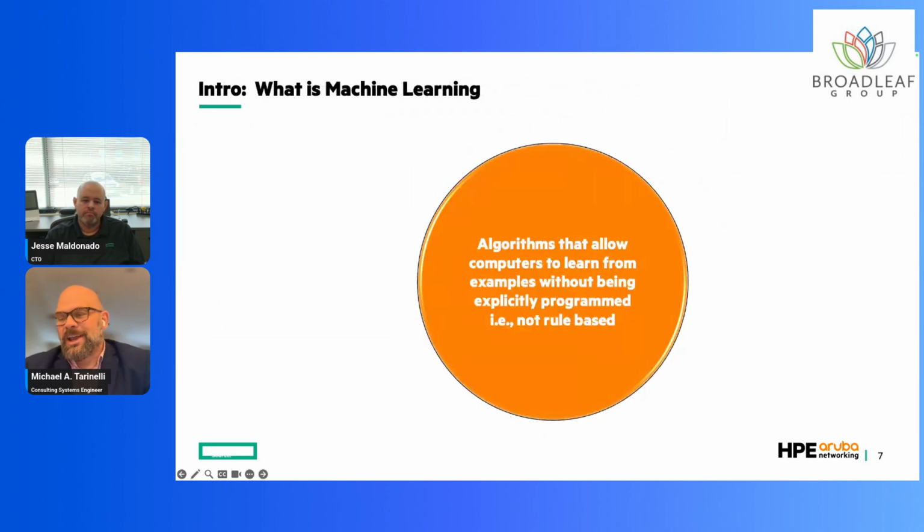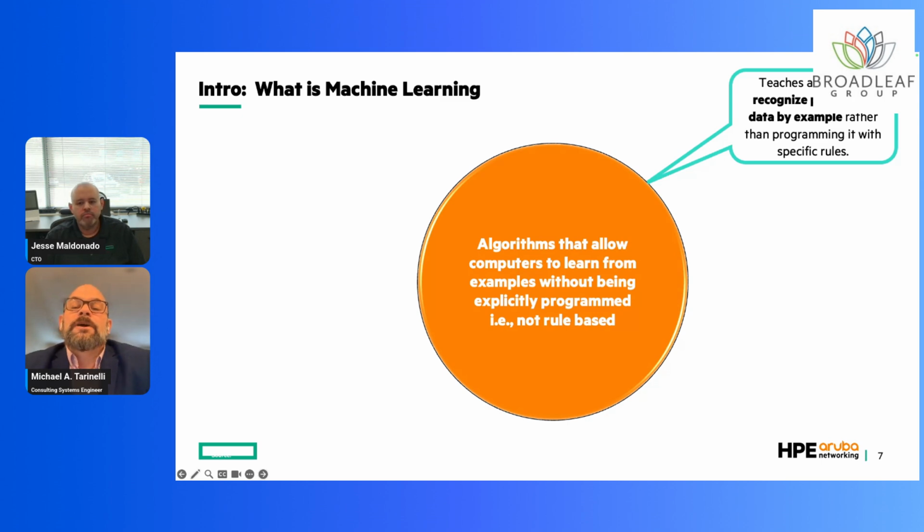So here's machine learning, right? And I zero in on this quickly because this is where a lot of Aruba models have to do with machine learning. And then we also use Gen AI and LLM. But to understand that, we are trying to recognize patterns of data by example, rather than programming Aruba Central with specific rules, okay? That's what machine learning is all about.